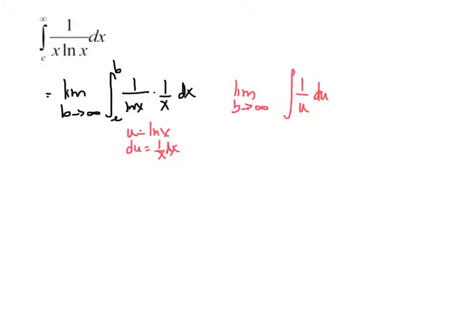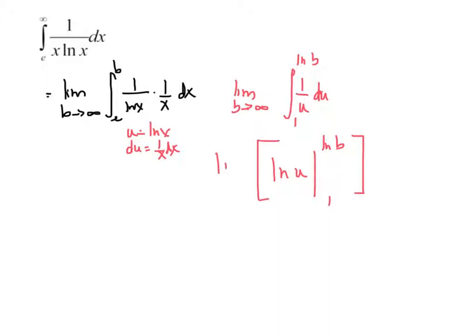So the bounds, well, plugging these in, of course, the natural log of b is natural log of b. Natural log of e is 1. So we do the antiderivative. We get the natural log of u evaluated at natural log b and 1.